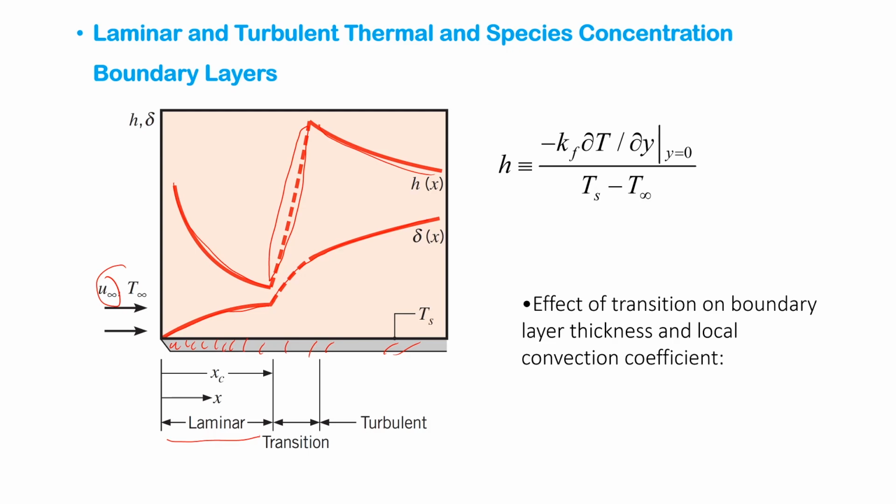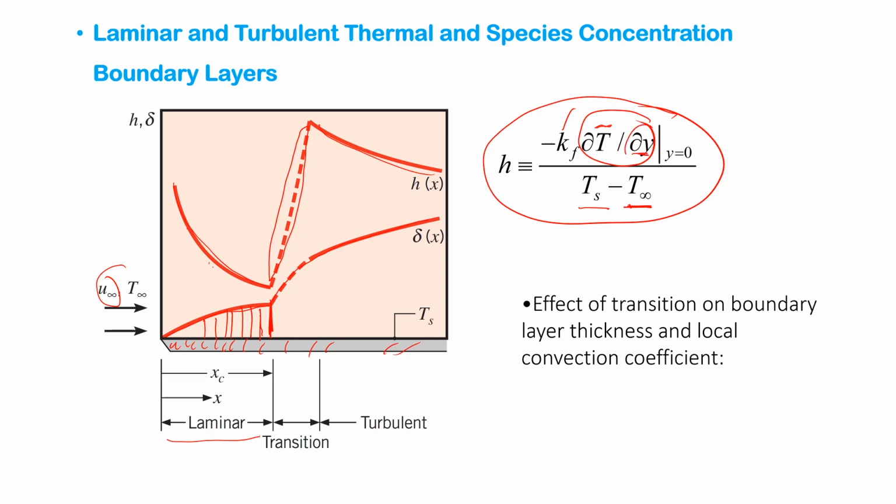For the laminar region, we have the definition of the local heat transfer coefficient. Ts and T infinity are constant, and kf is constant, so we have dT by dy to calculate the local h value. As you can see, if the thickness of the boundary layer is increasing, dT will be mostly the same, but dy will be increasing.